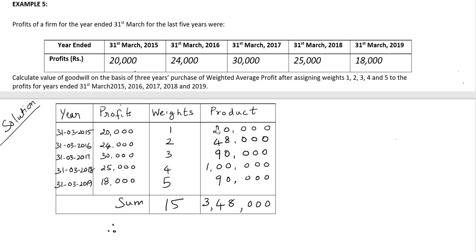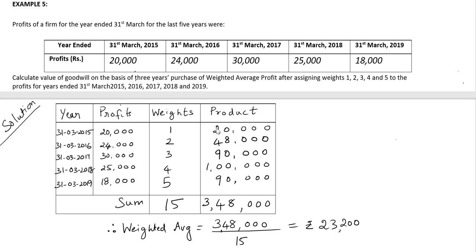Therefore, weighted average is equal to the sum of the product, which is 3,48,000 divided by 15, is equal to rupees 23,200. So this is a weighted average.